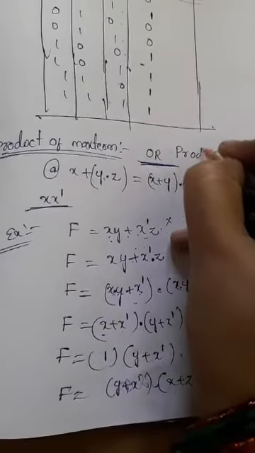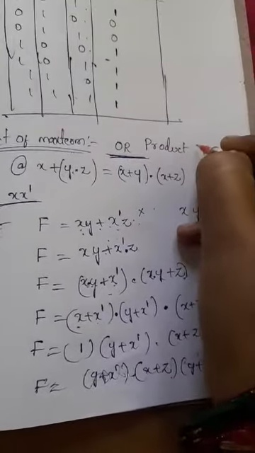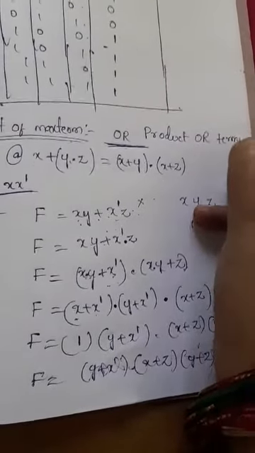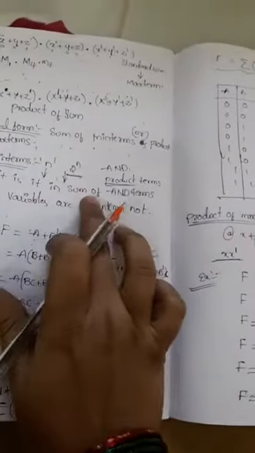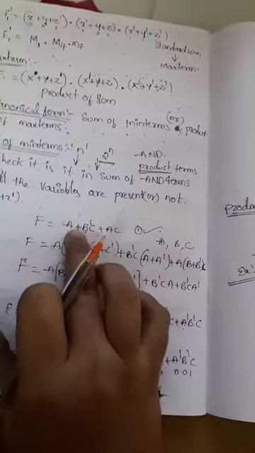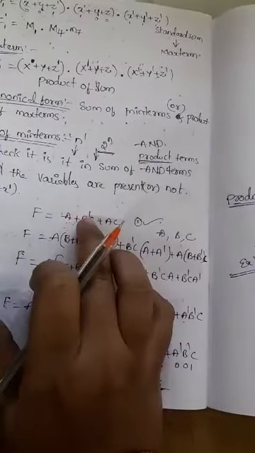Remember it, product of maxterm means the boolean function can be represented as a product of or terms. Sum of minterms is represented as a sum of product terms. That's why the sum is in between each term.